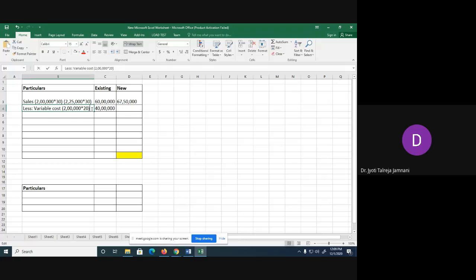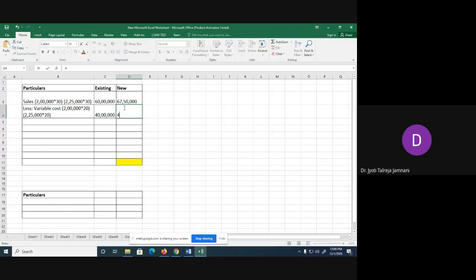And for the new, 2,25,000 into 20, which comes to 45 lakhs. So this is variable cost. From sales, when we minus variable cost, we get contribution, which is sales minus variable cost, S minus V. So 60 lakh minus 40 lakh is 20 lakh. And 67,50,000 minus 45 lakh is 22,50,000. So this is contribution. From this, next we will less the fixed cost.